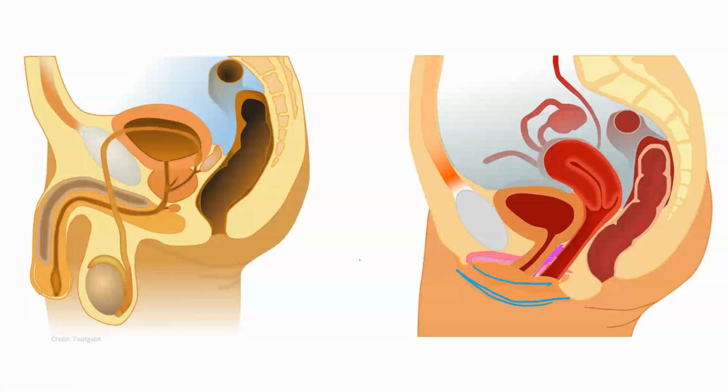This can actually be an awkward thing for a couple that's having sex for the first time, embarking on that sexual journey. Sometimes if you don't really know what the anatomy looks like, it can be an extra challenge.